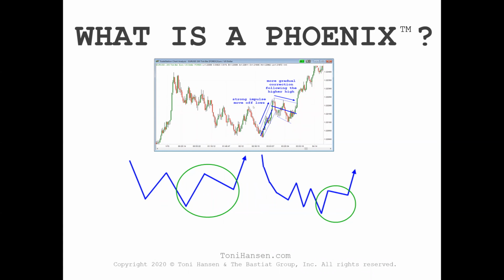Now, the opposite of that, another type that deals with the momentum, is that we will have our move coming off of the lows, and you'll see a slower overall channel with the two waves, and then you'll get a more gradual two-wave correction like this. This is what we call a shallow Phoenix.